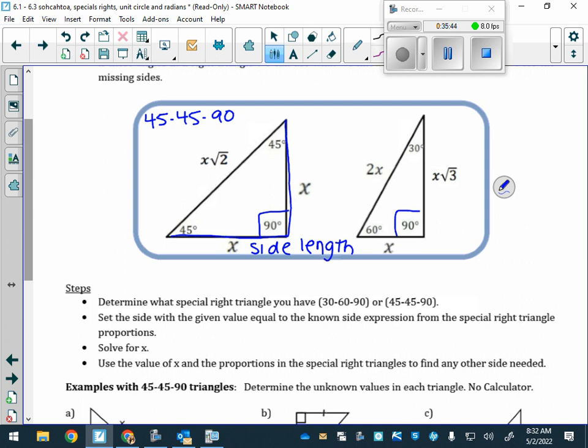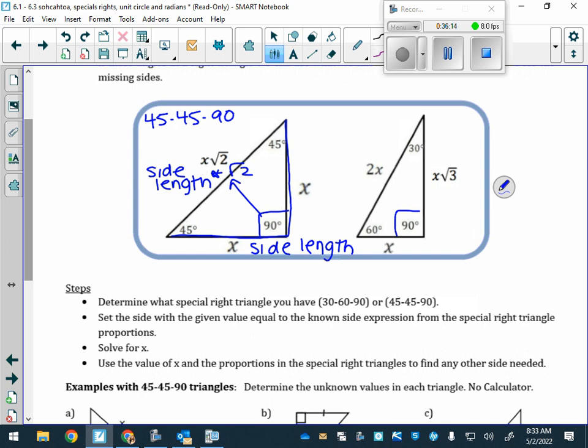Okay, your hypotenuse, so across from 90, is your side length times root 2. Okay, so 45, 45, 90, side lengths are the same. Across from 90, your hypotenuse is your side length times root 2.